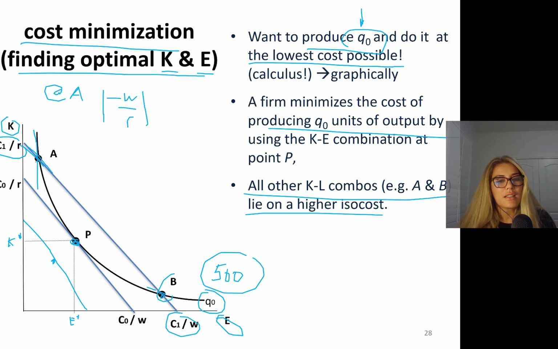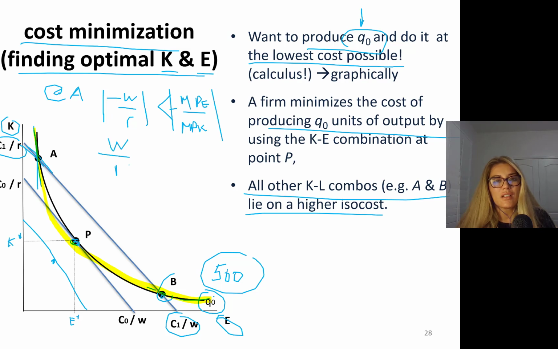So the slope of this isoquant Q0, I'm marking it with a highlighter. The slope of this isoquant curve Q0 at, let's say, point A is going to be super steep, right? This is then greater than the absolute value of negative marginal product of labor divided by marginal product of capital. Absolute value gets rid of negative signs.